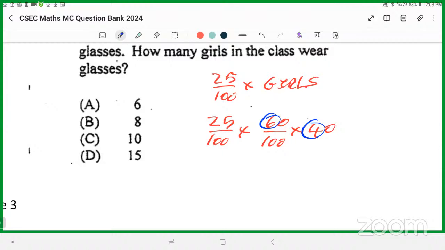Going to give me 0.24 times 25. Looks like an 8, a quarter of 24, because this is a quarter.